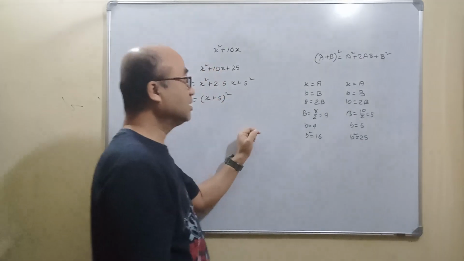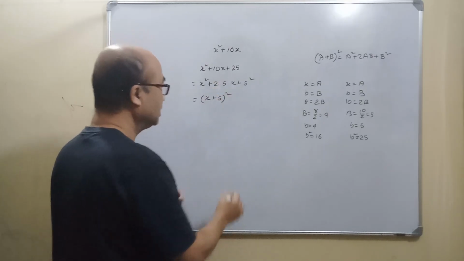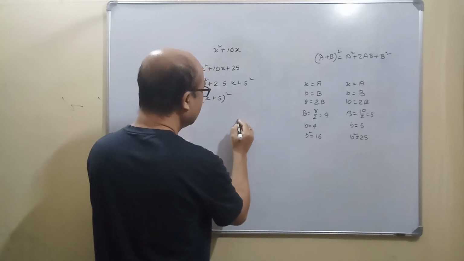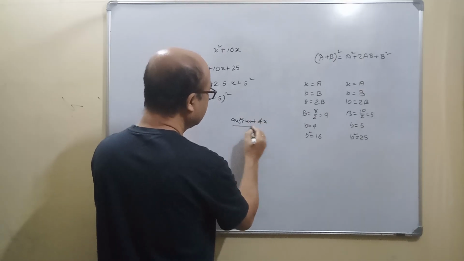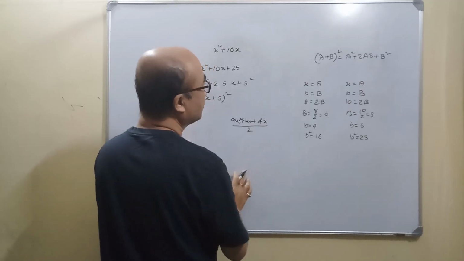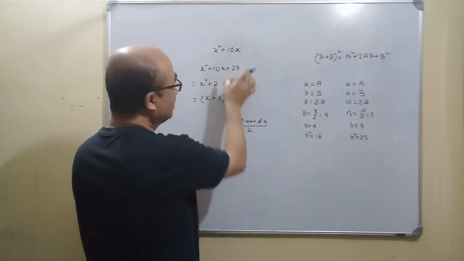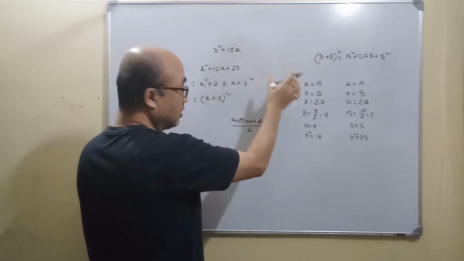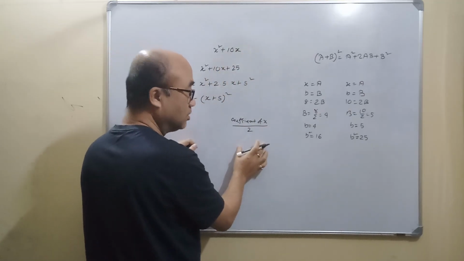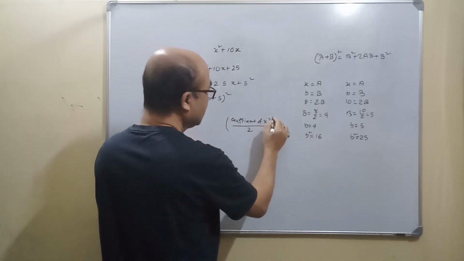So what does it mean? That to get the term, you have to divide the coefficient of x. Coefficient of x divided by 2. It is same for all expressions like this. Whenever you want to convert an expression like this to a perfect square, you have to follow this rule. Coefficient of x divided by 2, then square it.